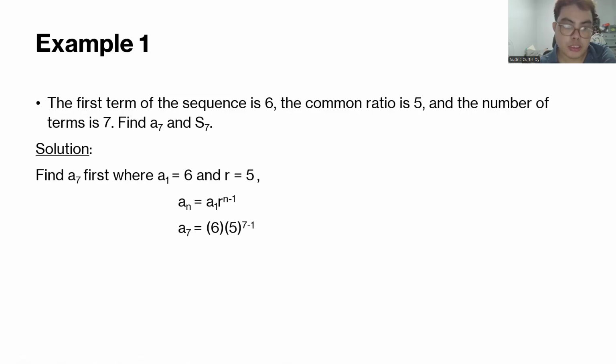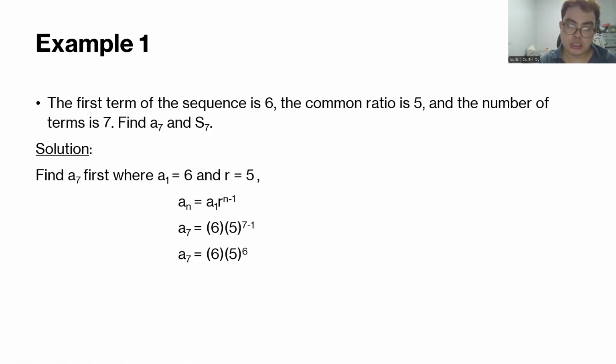Okay, so we're going to substitute what is given. We're going to follow the PEMDAS rule. So we're going to simplify the exponents first. So 7 minus 1 is equal to 6. So the exponent is 6.